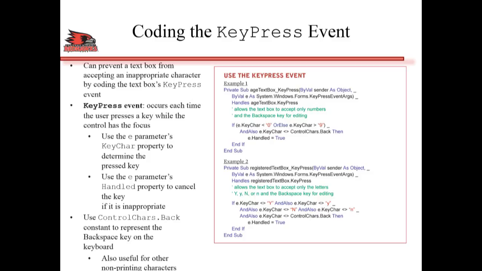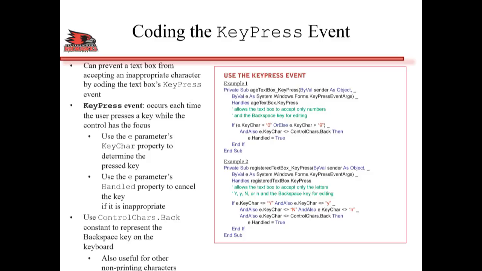So if I had put A or B or some symbol, this would not be input into the text box. And this is obvious. This is obviously an age text box where you're supposed to input numbers. So if you don't get a number or the backspace, you're probably not interested in that information. So that's how you basically use this keychar.